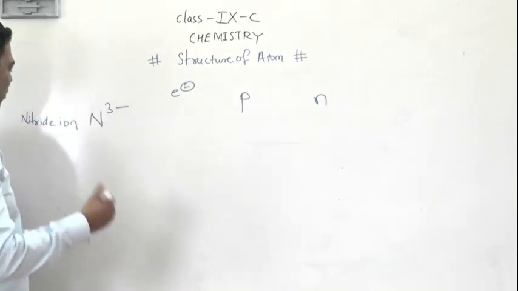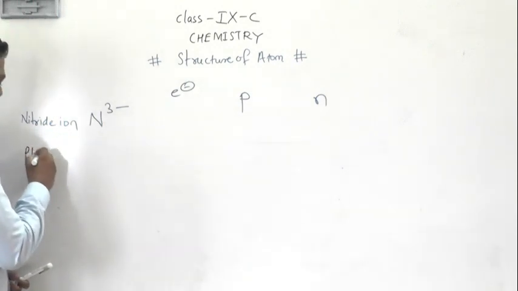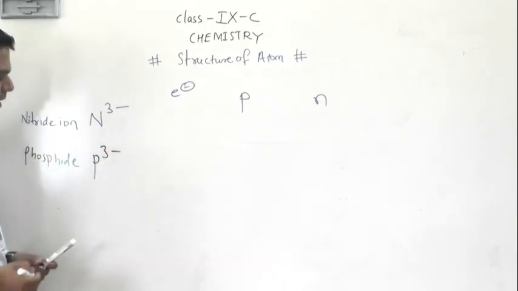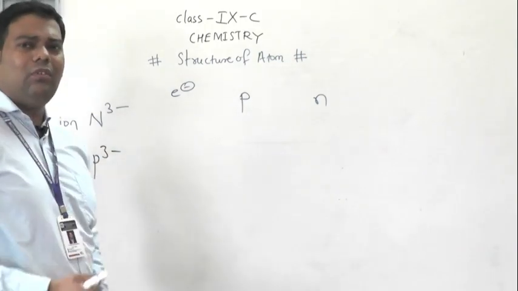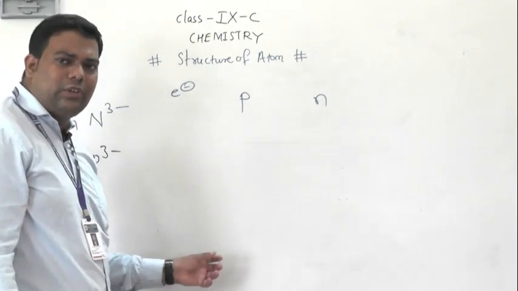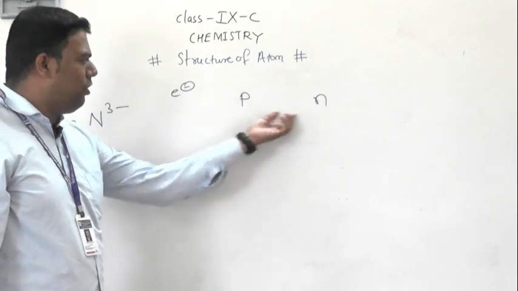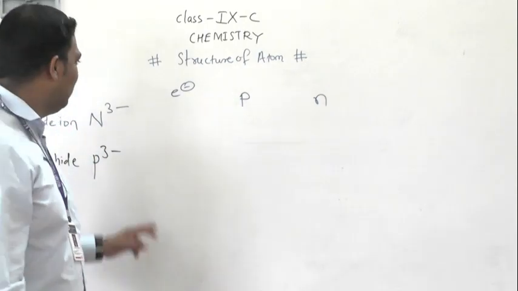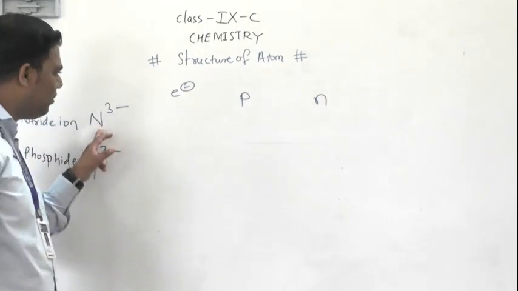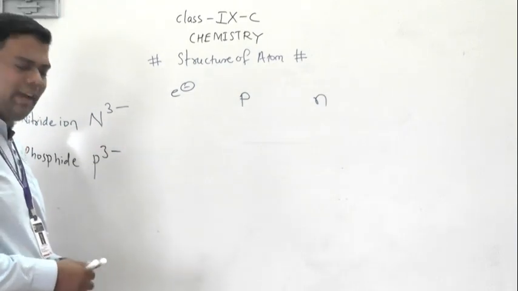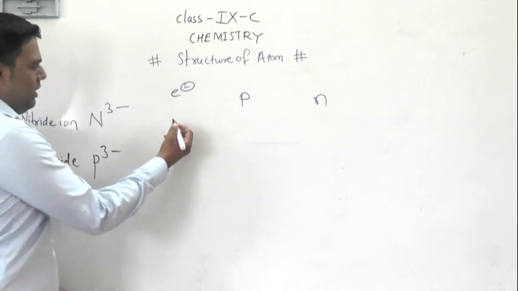Next we will write the phosphide ion, P3 minus. From these we are going to calculate the number of electrons, protons and neutrons. The number of electrons in nitrogen, as you know, is 7.